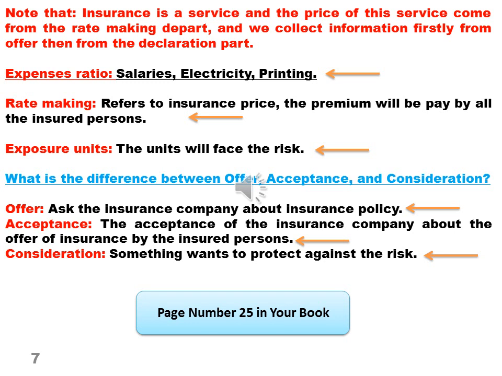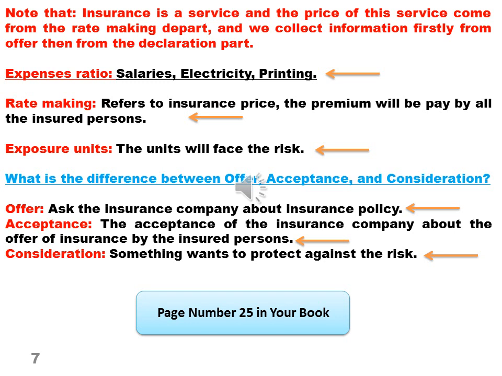Expenses ratio. Any contract, any service must contain an expenses ratio. You must notice that very closely. The expenses ratio contains salaries, electricity, renting, and any other things related to the contract expenses.